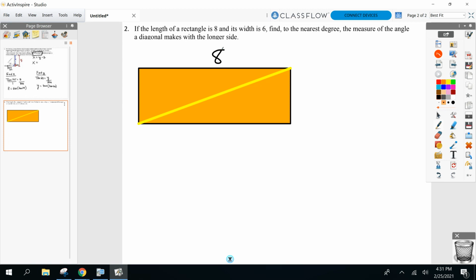I'll put 8 here, 6 here. I know I got a right angle. That gives me a right triangle. The measure of the angle the diagonal makes with the longer side. So according to my diagram, the longer side is 8. The angle that the diagonal and the side of 8 form is right here for me. So I want to find x right now, angle x. Everyone sees the right triangle we're dealing with?